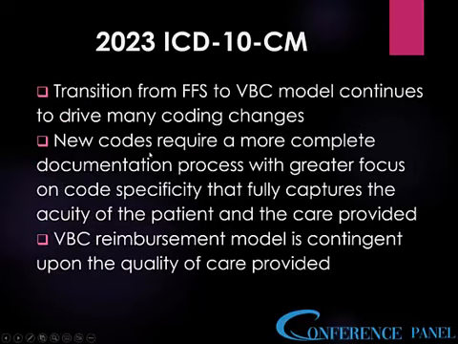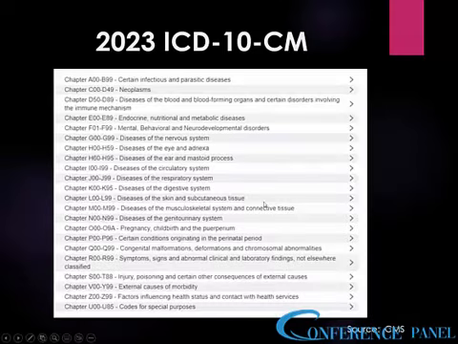The transition from the fee-for-service payment methodology to value-based care is continuing to drive many of our coding changes. As far as our chapters, we still have our same chapters, A through Z, and then we had a brand new chapter added, I believe in 2021, chapter U, which is our codes for special purposes.